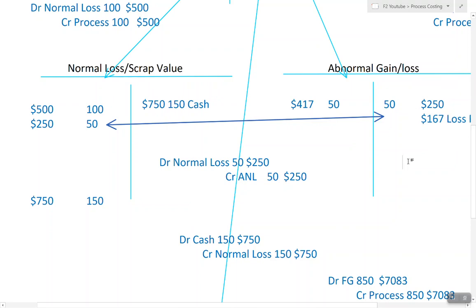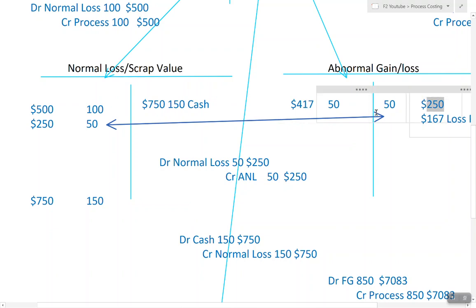Now we look at abnormal loss. Remember, I said that abnormal loss can also be sold. So in abnormal loss, there is a gain. What is that gain? It is the scrap value that we are getting. So when we have 50 units, which is valued at 417, we don't have 417 loss because we can sell 50 units at 5, which would mean 250.